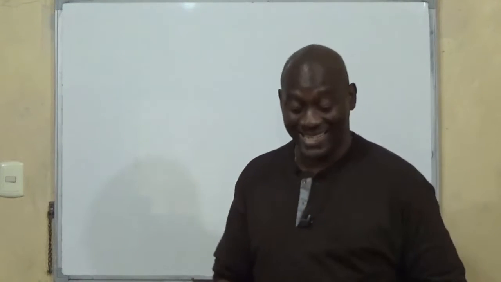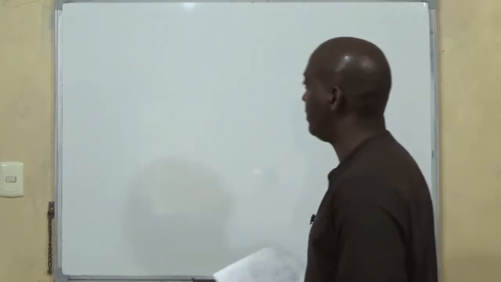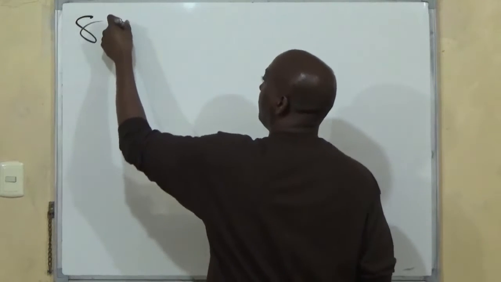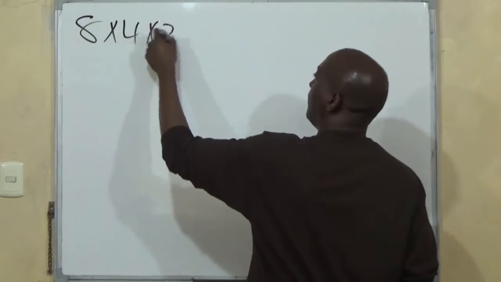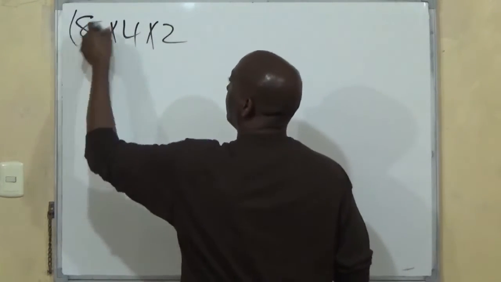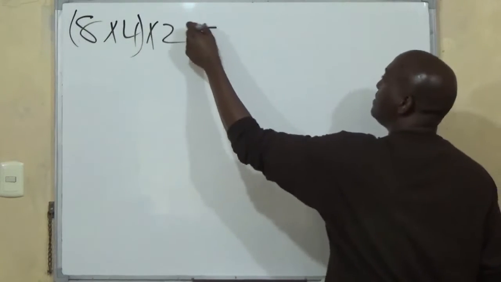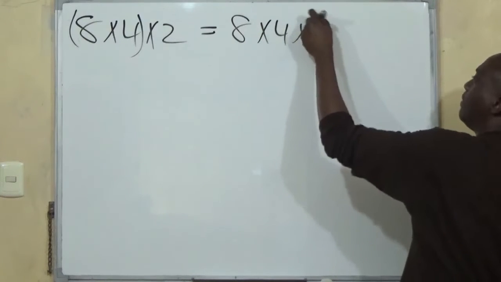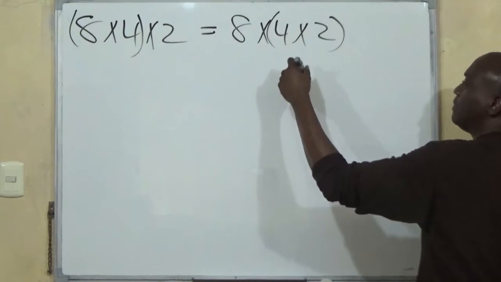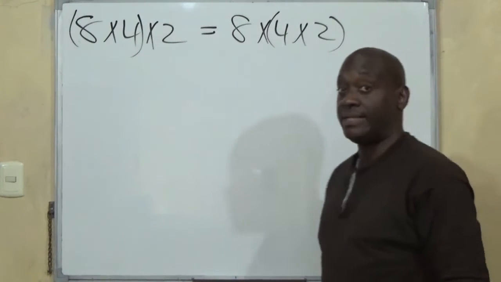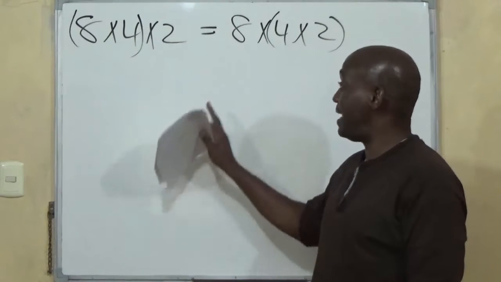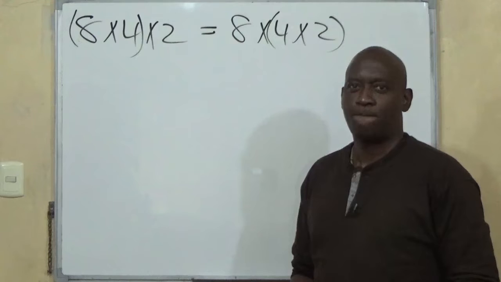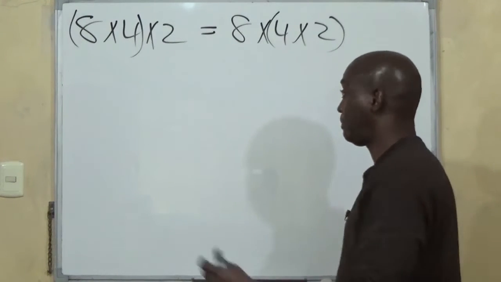Now take this and listen to it very carefully. 8 by 4 by 2 is the same thing as 8 by 4 by 2, with the brackets in different places. That is the associative property of multiplication.